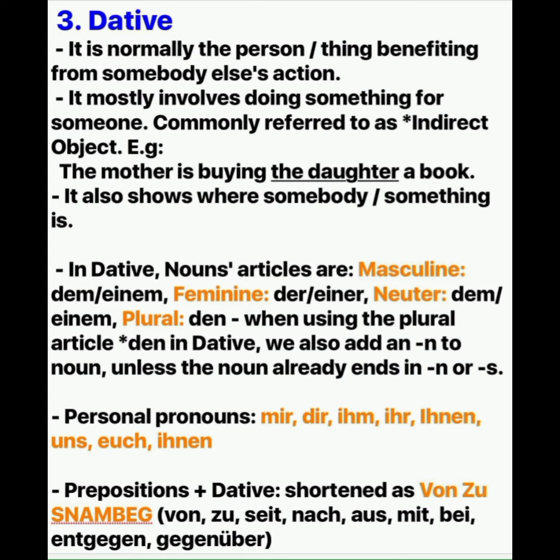Aus is from, mit is with, bei is at, gegen simply means against, and then gegenüber, opposite. Okay, so basically remember, dative is simply the indirect object, or dative also shows where somebody or something is.